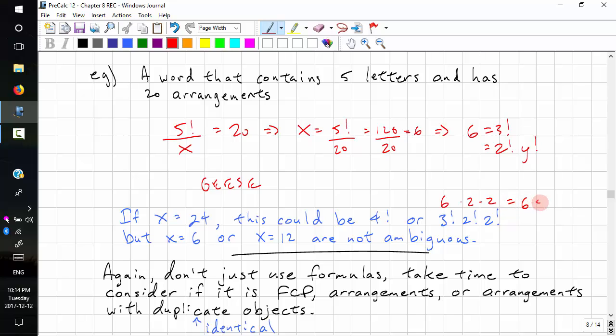That's 6 times 4. That's 24. If we had x equals 6, we just saw that 3 is the only way to do it. Also, x equals 12 is not ambiguous. So 12 is 3 factorial to get 6, and then we need just 2. That's 2 factorial. And that's the only way to get 12.